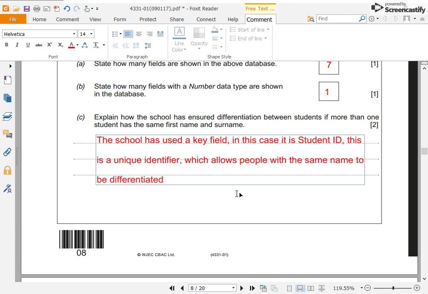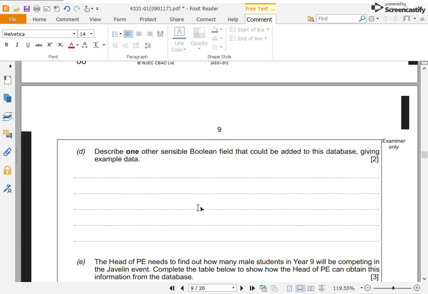Okay? So differentiate means just tell the difference between. Okay? So the school has used the key field student ID. This is the unique identifier which allows the people with the same name to be differentiated. Okay, so a nice full answer there.